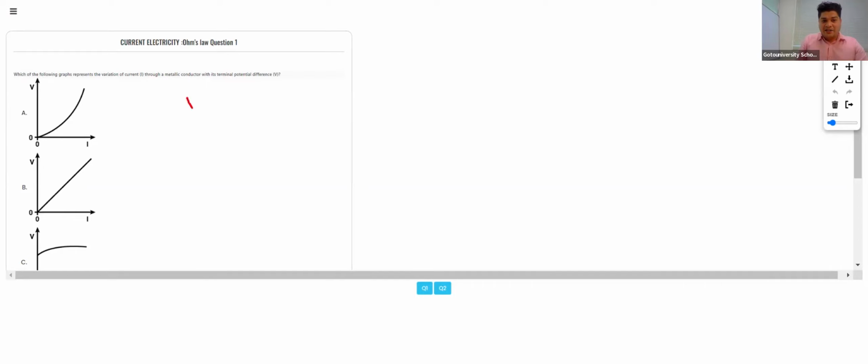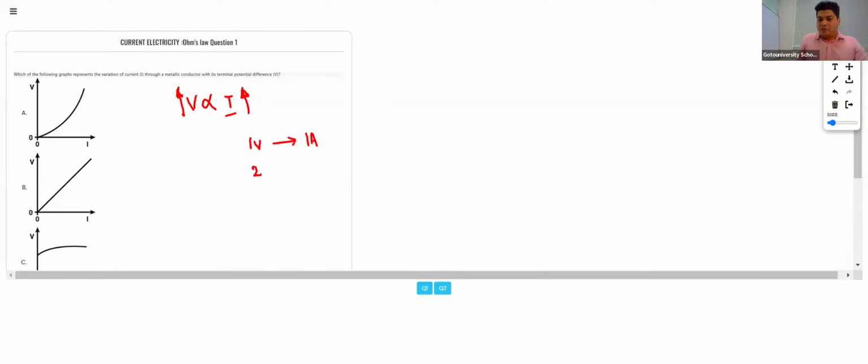We have the relation that V is directly proportional to current. It means if V increases, current I will also increase, and it will go up linearly. Linearly means if you have 1 volt, let us consider you have 1 ampere.